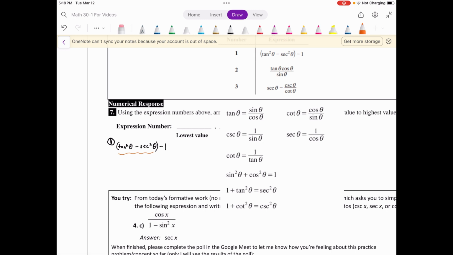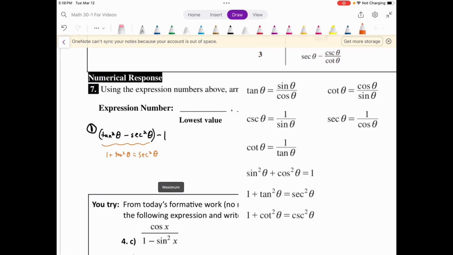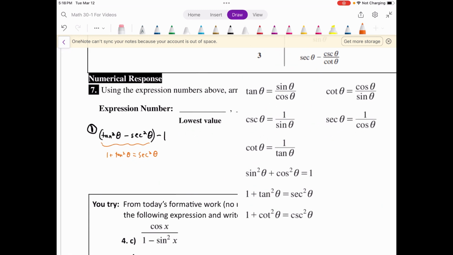We know that 1 plus tan squared of theta equals secant squared of theta. So can we play around with this to make it look like that and see what it's equivalent to? I think we can, right? If I subtract secant squared of theta from both sides, I'll have tan squared minus secant squared on this side. And then if I subtract the 1 over, let's just see what happens. I'll have tan squared of theta minus secant squared of theta equals, subtract 1 from both sides, equals -1, right?